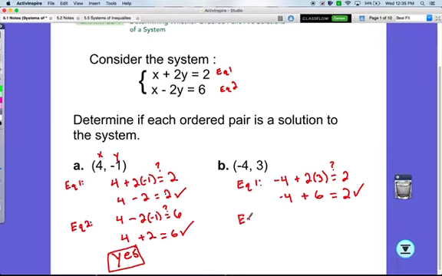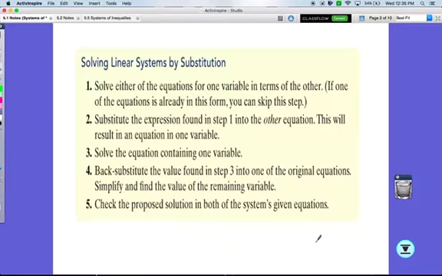But remember, for it to be a solution to the system, it has to work in both. So let's see with the second one: -4 minus 2 times 3. Is that 6? Well, -4 minus 6 is not 6, so that's a no.